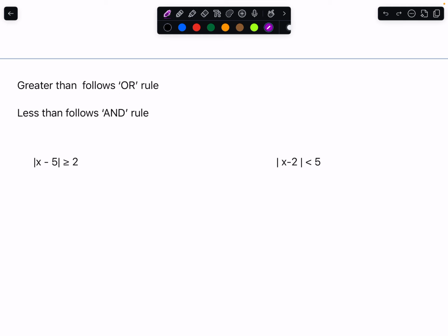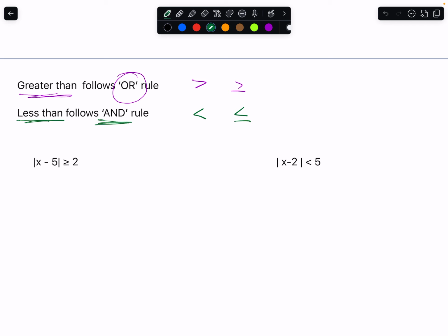So looking at our rule, we'll be able to help define what kind of inequality we're working with. So when it's greater than, which includes greater than or equal to, or the greater than sign, which are either these two signs, we will follow or. And when it's a less than, which are these two signs, less than or equal to, it goes under and.